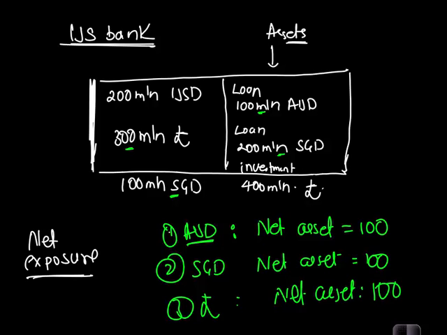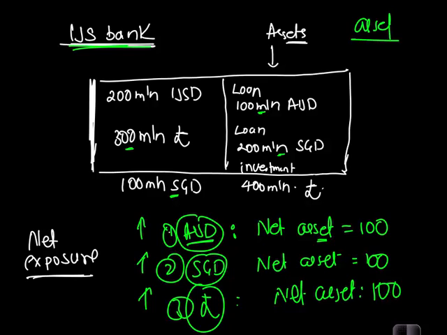Is that fine? And then since you have a net exposure to assets, you would expect Australian dollar to appreciate, Singapore dollar to appreciate, and British pounds to appreciate against the US dollar. If they appreciate, then you would have a benefit. So the rule of thumb is when you have a net exposure of asset, you would want foreign currency to appreciate.